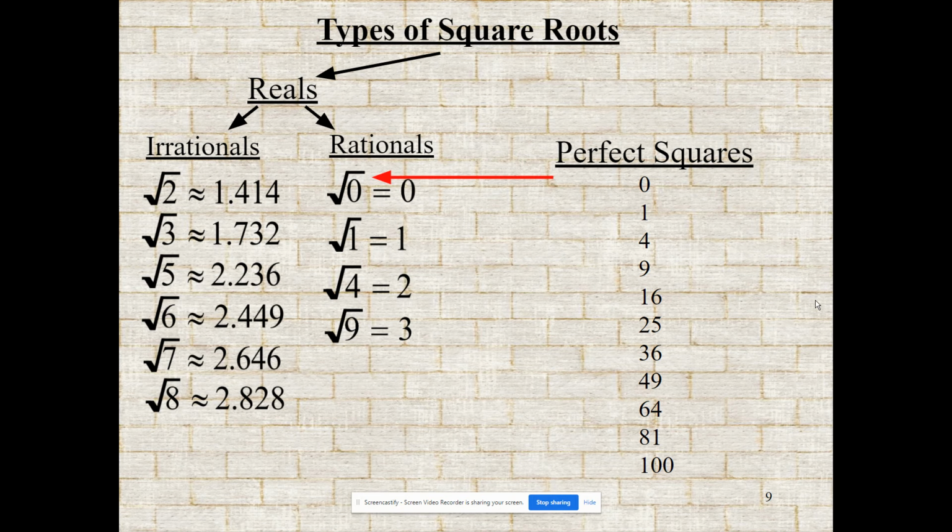Now notice that the perfect square 0 matches up here. And then we've got the square root of 1 right here, the square root of 4 right there, and the square root of 9 right there. Look at that. Does that give you an idea of how to find your perfect squares? The perfect squares are rational numbers.